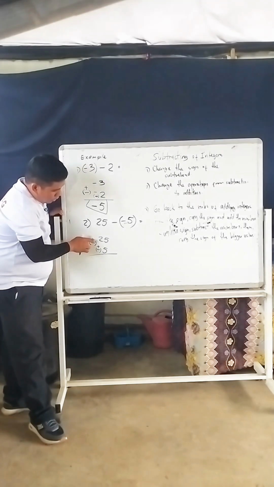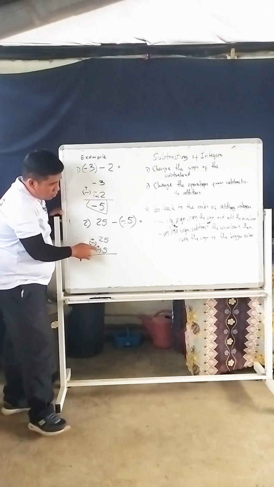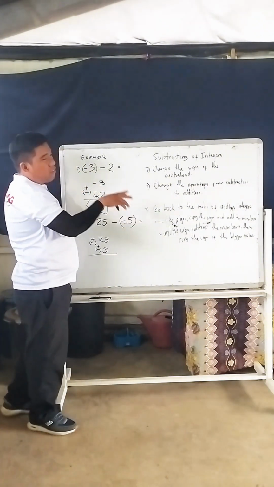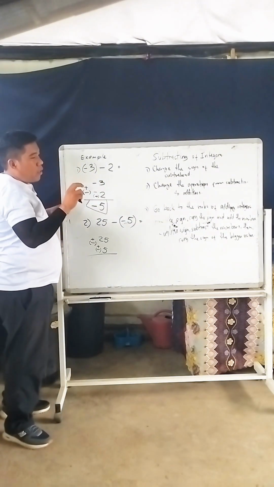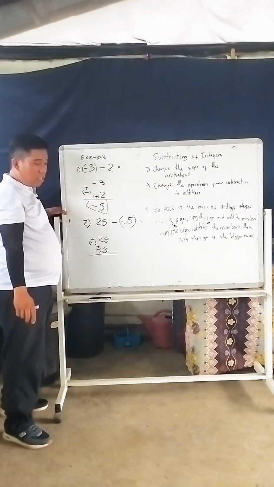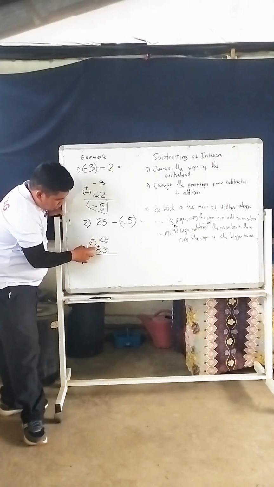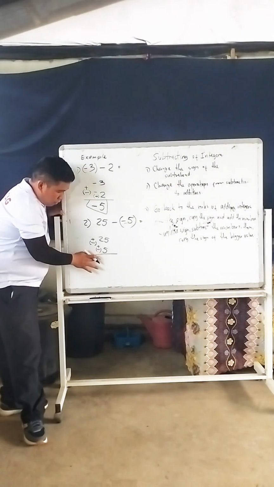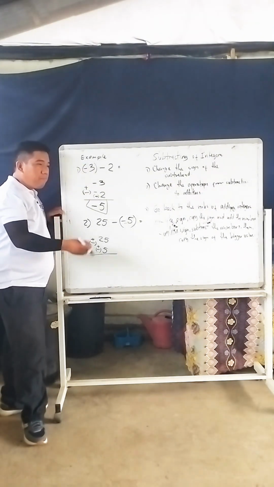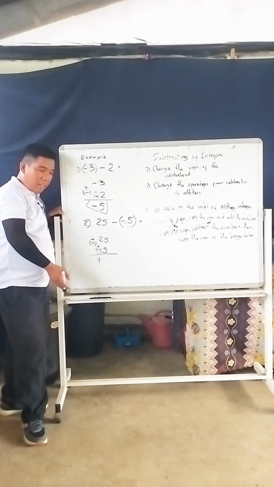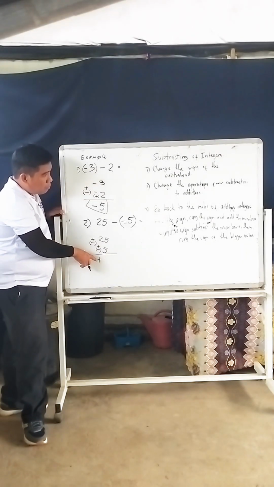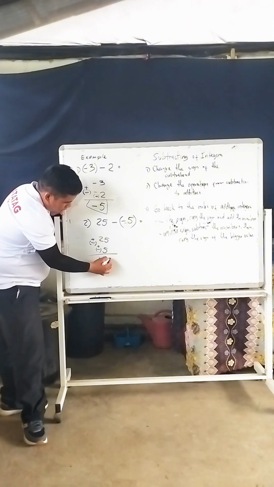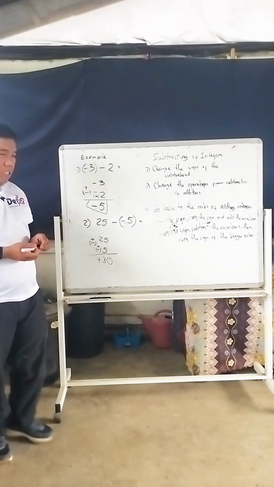So since they are the same sign, we're going to use like sign again. If it is like sign, we need to copy the sign, then add the numbers. So we have positive and positive, so the answer here is positive. We can write the positive sign or not, it's up to you. Let's have positive sign here. So 25 plus 5, the answer is positive 30.